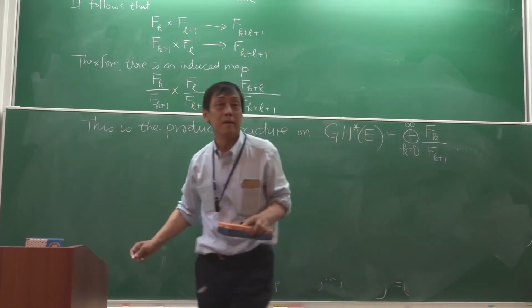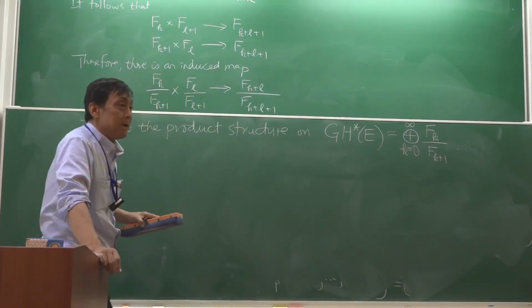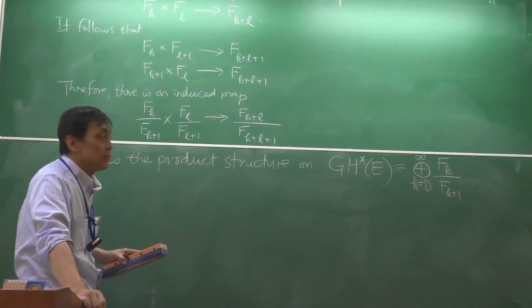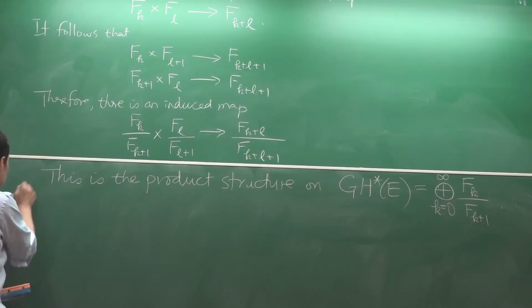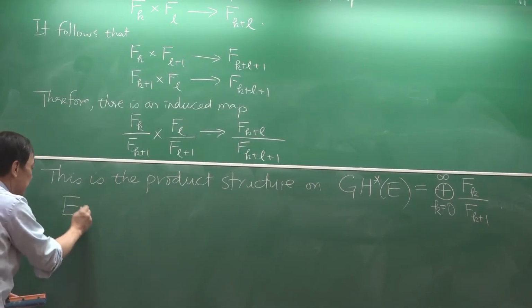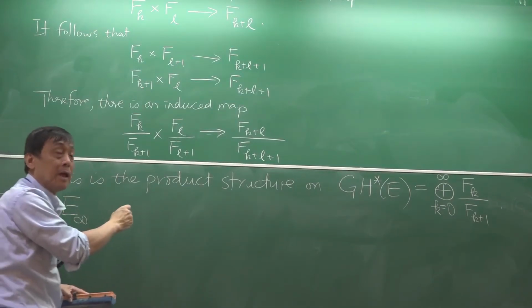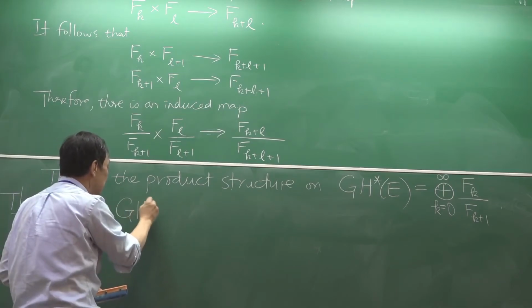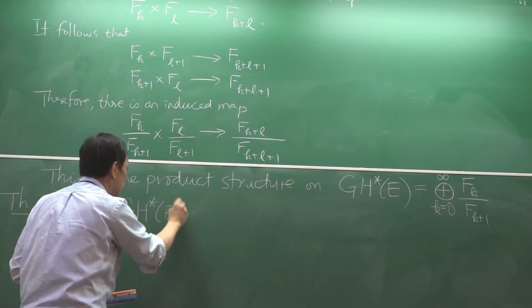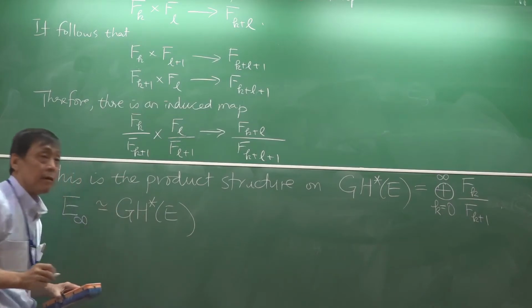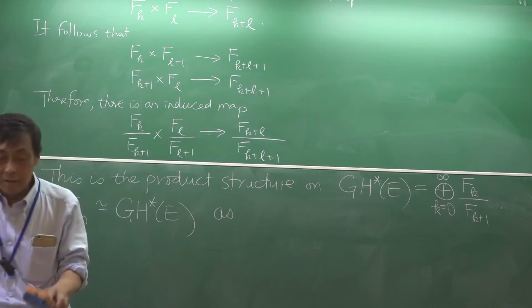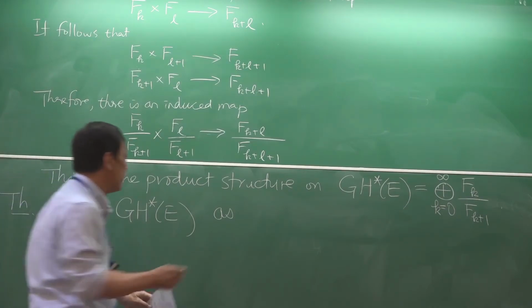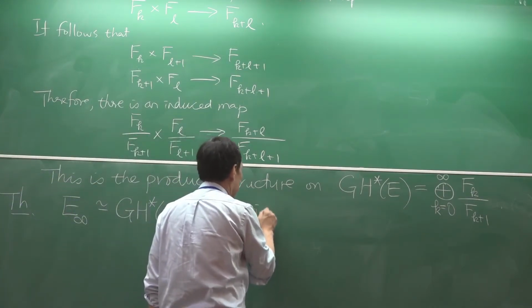Okay? So that makes the associated graded into a ring. And the theorem is that E infinity is a ring, and so is the associated graded of the cohomology, and these two rings are isomorphic. Okay? So they are isomorphic as rings.